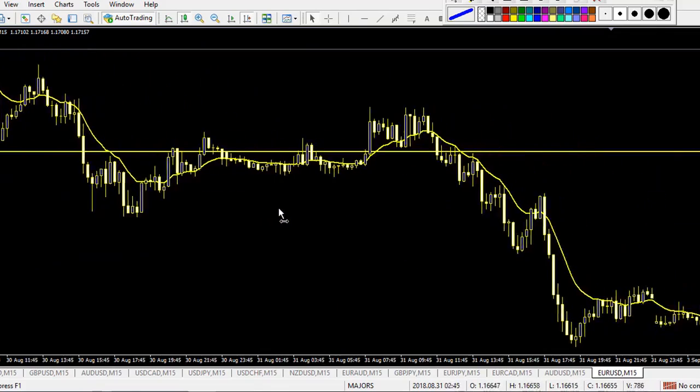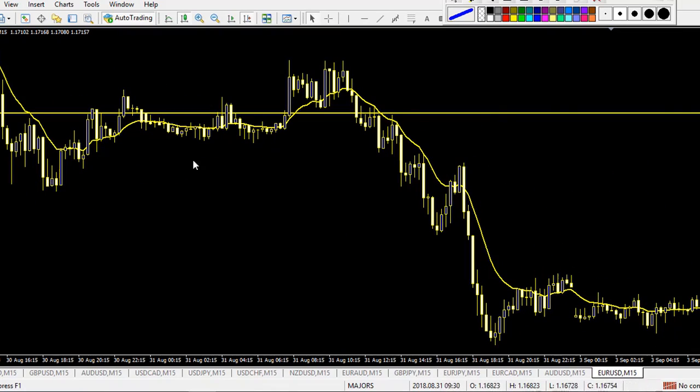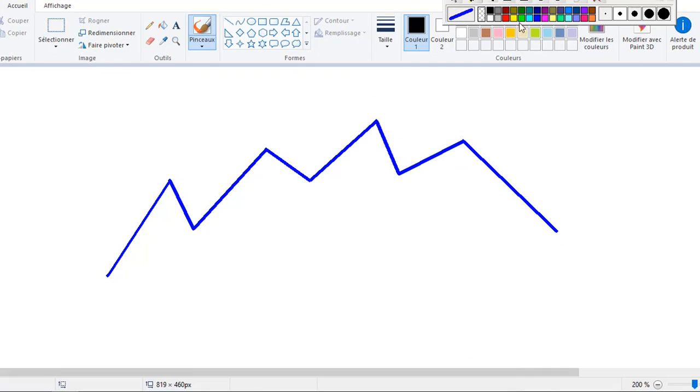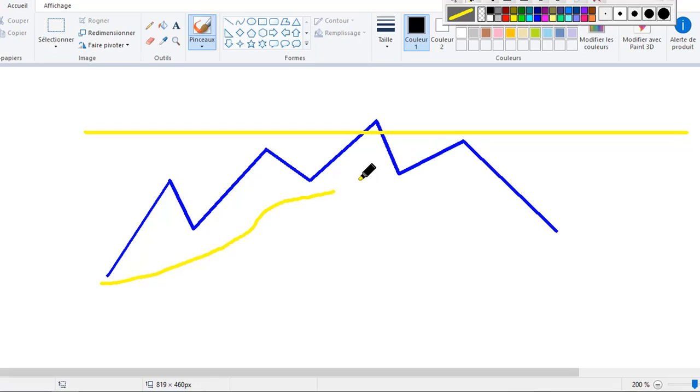So I think we have seen a lot, so we might stop for now. Just to remind you the rules: if price goes up, let's say you have a nice level of resistance right here, and you have the 13 EMA right here, and break here and break here.